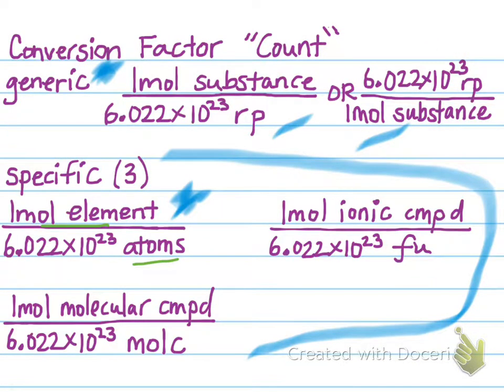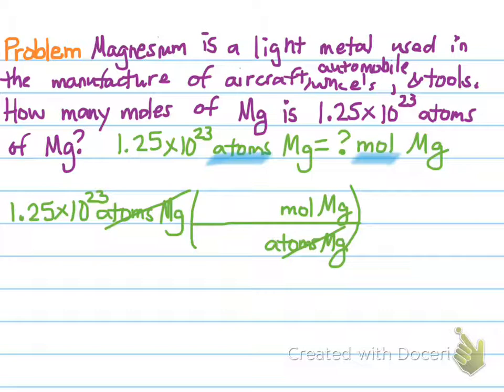Now, what numbers? Notice Avogadro's number is in front of atoms and 1 is in front of moles. So 1 goes in front of moles and Avogadro's number goes in front of atoms. I'm going to be left with my answer in moles of magnesium, which is what I want.